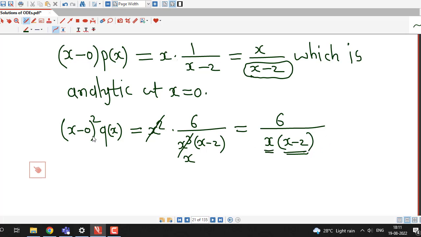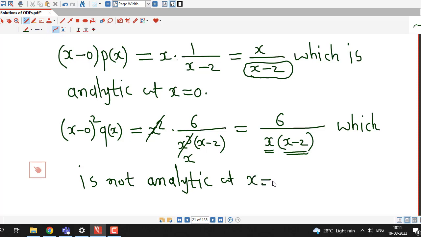So this function (x minus 0) square into q(x) is a rational function, and this denominator is 0 if x equal to 0. So this is not analytic at x equal to 0.